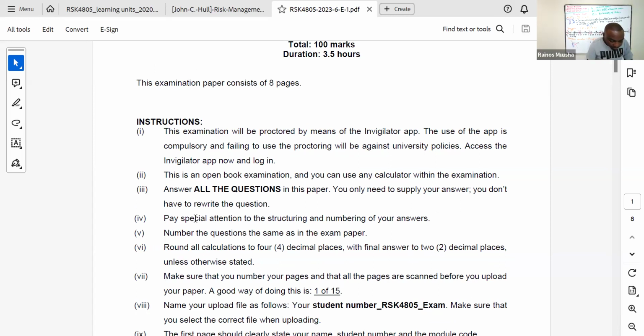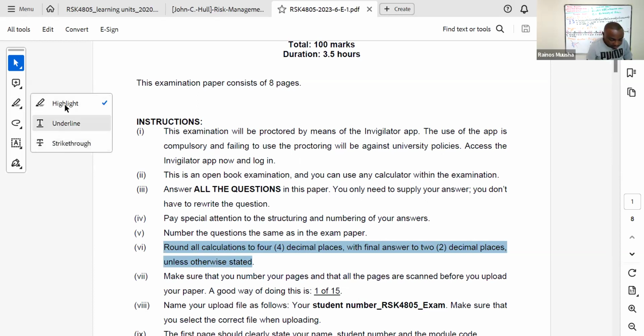And then they say, pay special attention to the structuring and numbering of your answers. Number the questions the same as the exam paper. Then of importance, they say, round all calculations to 4 decimal places with final answer to 2 decimal places unless otherwise stated. This statement is very, very important.